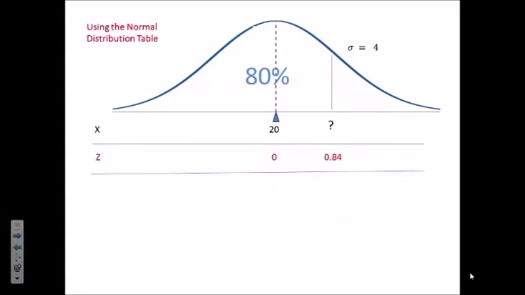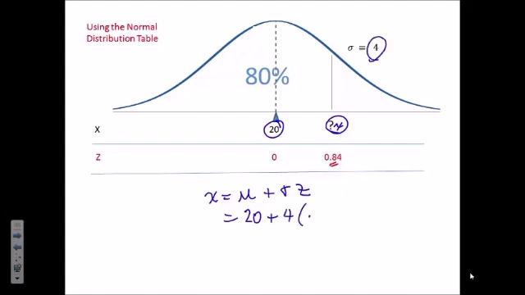So we just found our z-score to be 0.84. Now to find this x we're looking for, we use the formula x equals mu plus sigma z. Mu is 20, sigma is 4, and z is 0.84. 4 times 0.84 is 3.36.